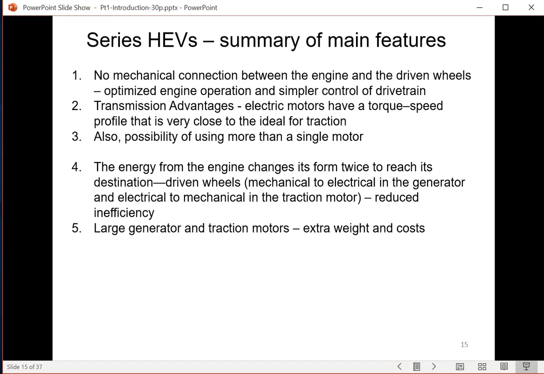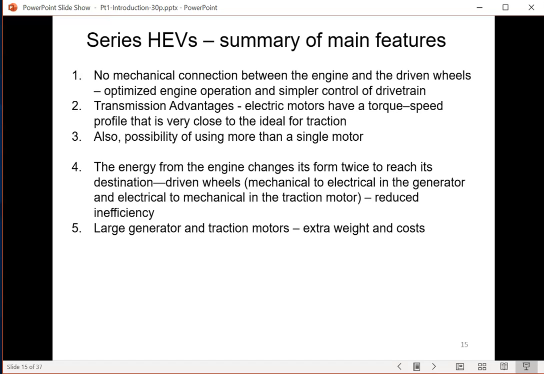This will give you extra flexibility in how the motion and the steering can be controlled. Obviously, if you want to use more than one motor, the size of the motor can be smaller as well. Sometimes you can actually attach them to the wheels.